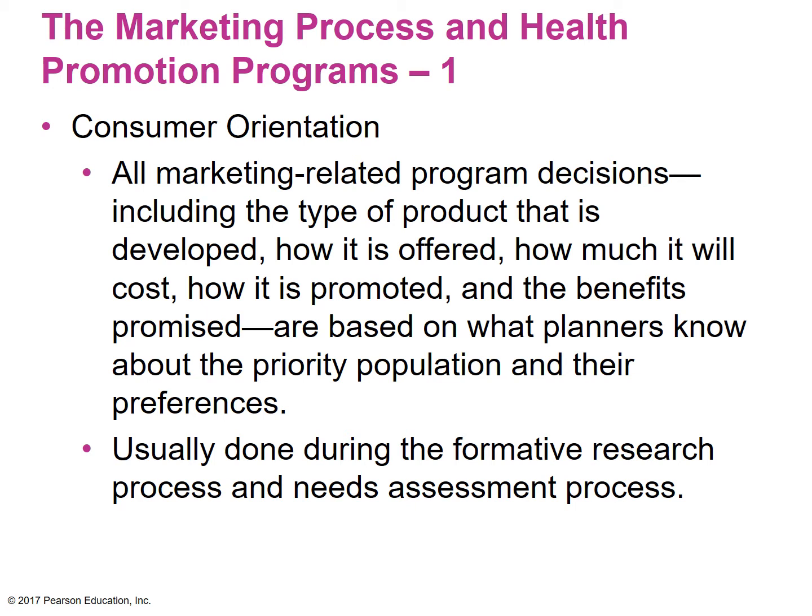Usually done during the formative research process. So remember formative research, go back to chapter 3, typically done prior to or during implementation. But basically it's the process that identifies differences among subgroups, determines the wants and needs, and factors that influence behavior. So we want to have a general sense of who we're dealing with and what their characteristics are prior to developing our marketing approach.